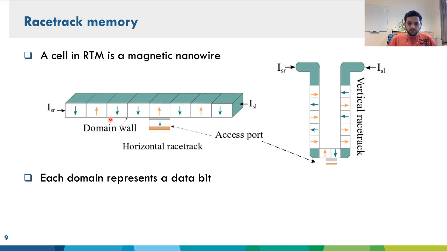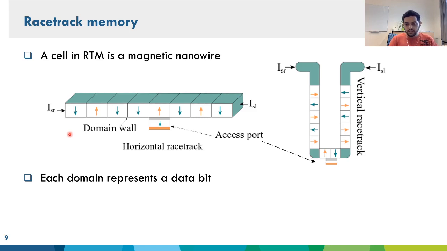Domains in the nanowire can have one of two magnetization directions, shown by pointing up and pointing down in this figure, and each domain then represents a data bit.